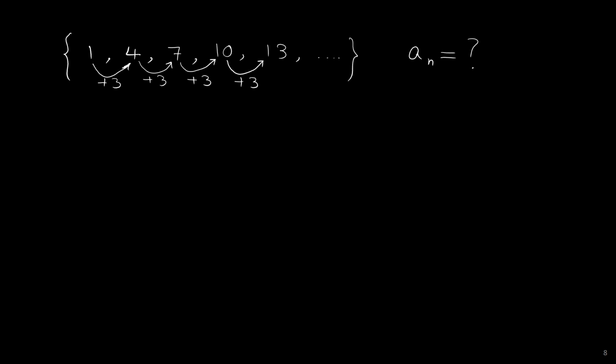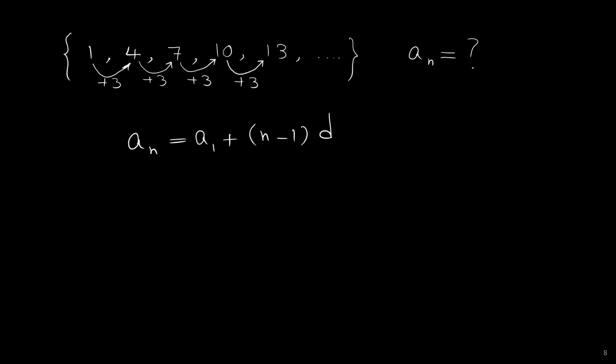If you remember from high school, this type of sequence is called an arithmetic sequence. And if you remember, the general term or nth term of such a sequence is a sub 1, which is the first term, plus n minus 1 times d, where d is the difference between consecutive terms.